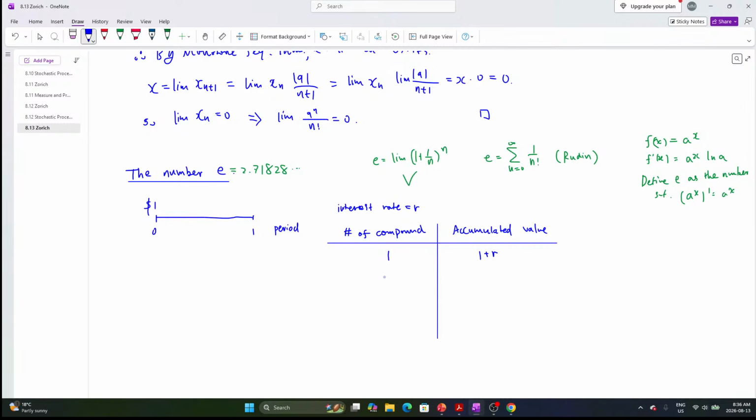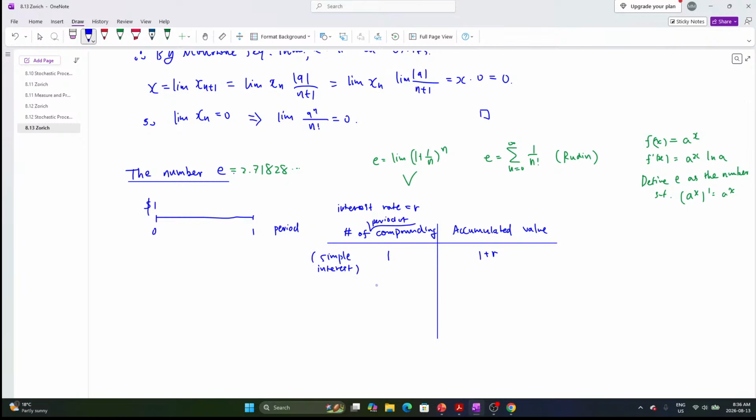Actually, number of periods of compounding, let's just put it this way. So in this first case, it's called the simple interest situation, which is not really compound interest.